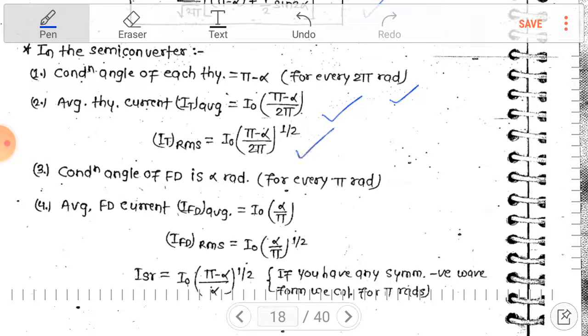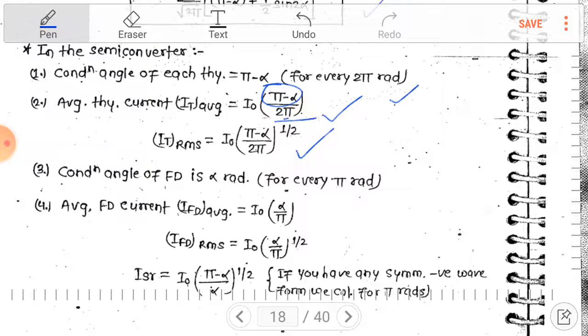So the RMS current is I naught into pi minus alpha by 2 pi, whole power 1 by 2. In the numerator we put how much time our thyristor is conducting, and in the denominator 2 pi is the time period of the complete cycle. In finding the RMS value we take the square root of this.